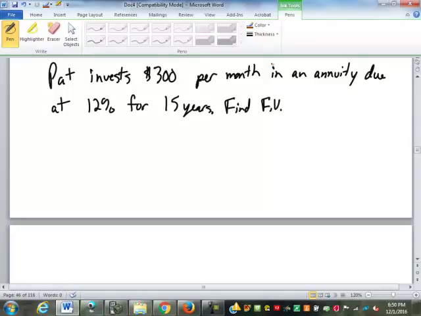So on this one, everything starts out the same. Through parentheses, 1 plus 0.12 divided by 12, because it is per month.